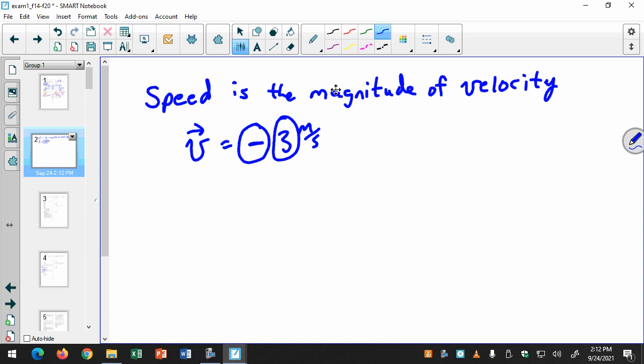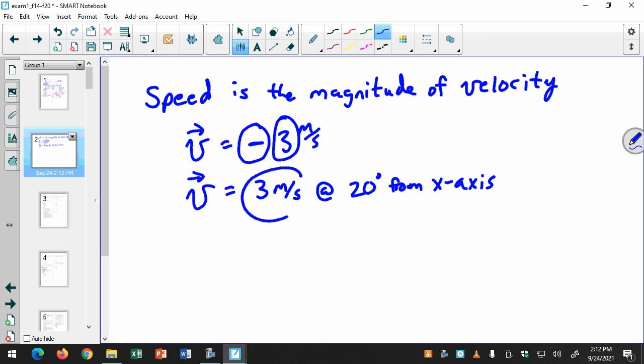Later when we get into vectors in 2 dimensions, we might say that the velocity is 3 meters per second at 20 degrees from the x-axis. We'll see this next week on Monday, and you'll need to know this for your exam too. In this case, this is my magnitude, and this is my direction. So the speed is simply the magnitude of the velocity, just the numerical value.